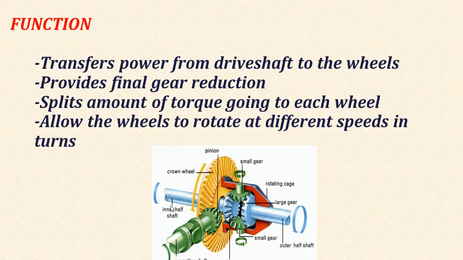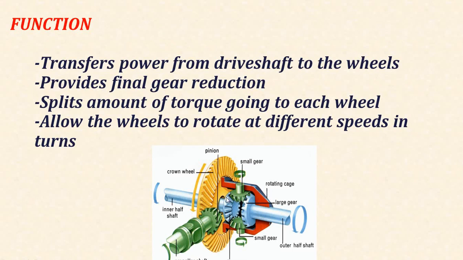This is the inner half shaft, this is the outer half shaft. Here this is the crown wheel, and here this is the pinion. This is the large gear, this is the smaller gear, this one is also smaller gear, this is the larger gear, and this is the rotating case.